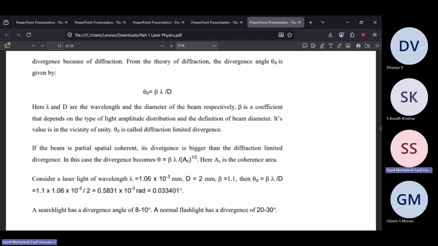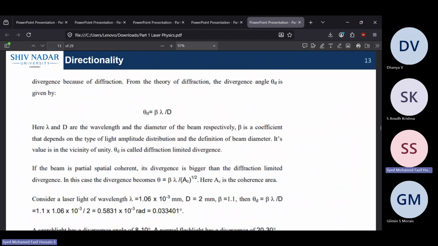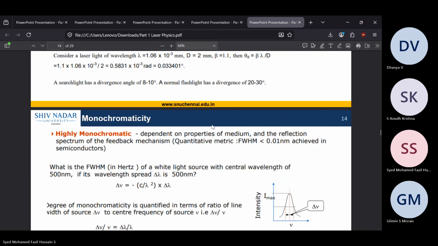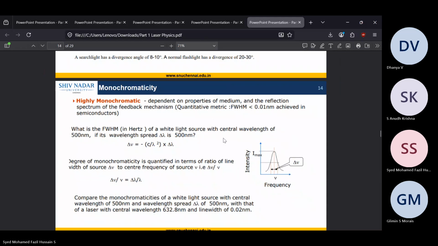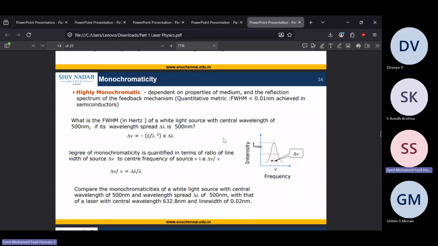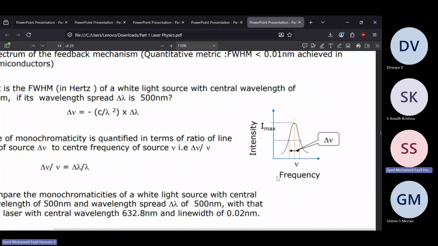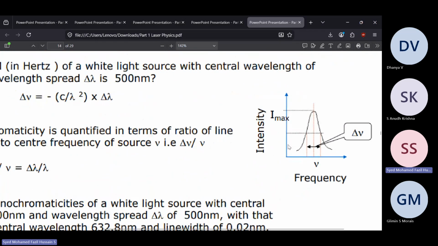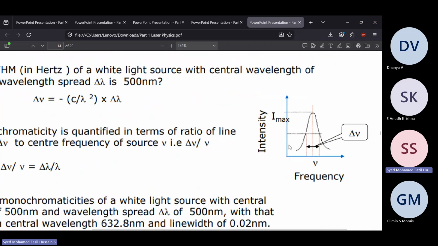It has some numericals about how to find the angle of divergence, but it is not that important for the exams. And as I said, it is highly monochromatic. As you can see in the graph here, the deviation of the frequency is very small, the frequency difference is very small.